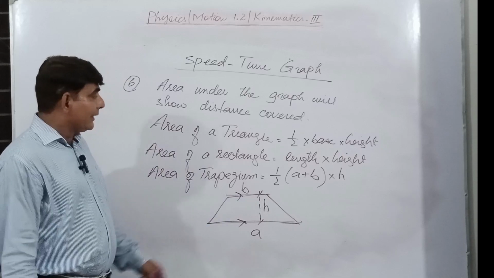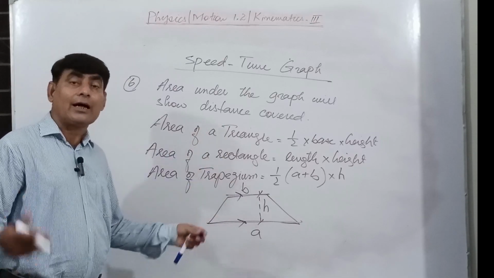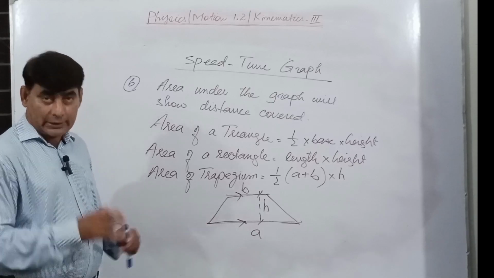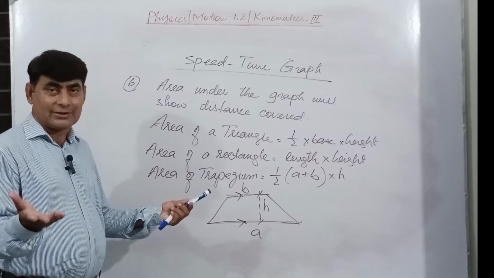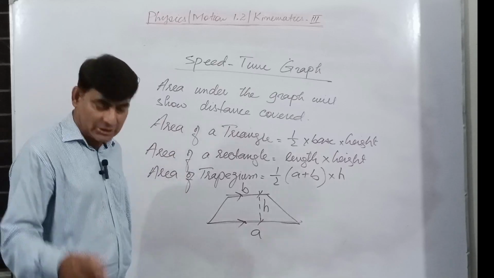In this way we can find the area under the graph, and the area under the graph represents how much distance is covered during a journey.